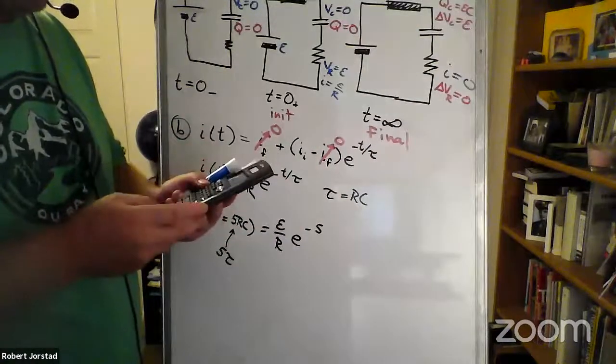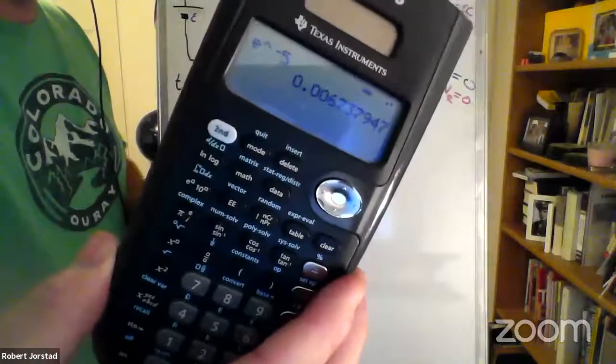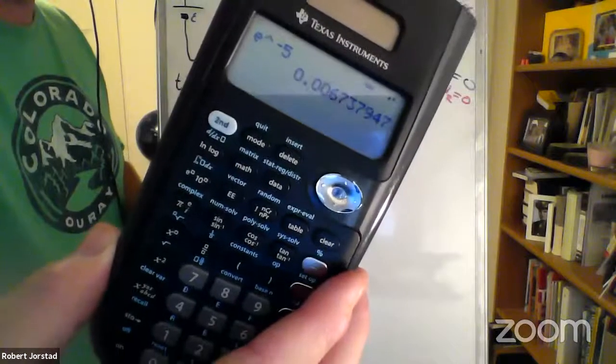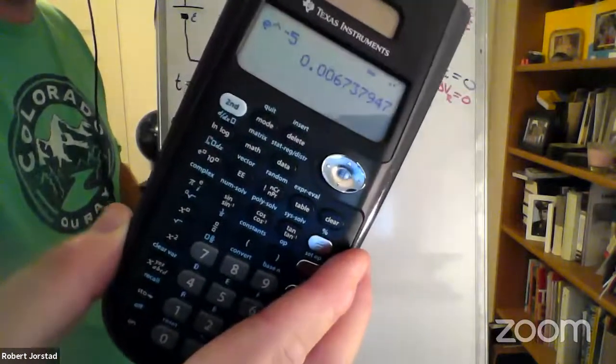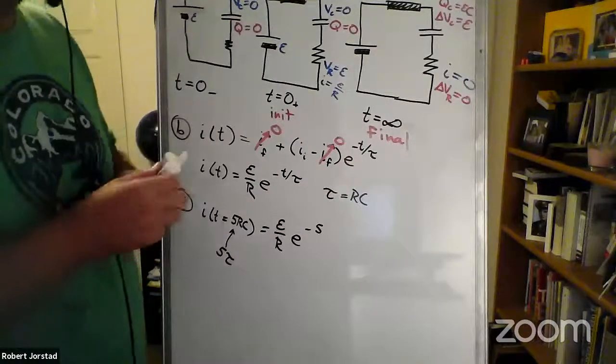And then we got 0.0, less than 1%. And that's what I was trying to say. So we see that after 5 time constants, you're almost at 0.7%.